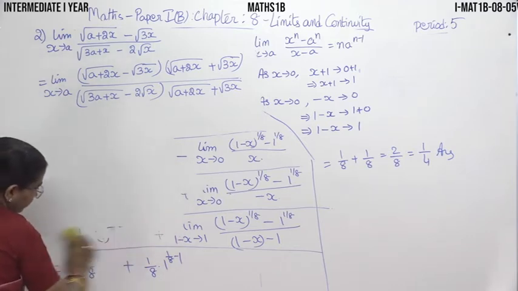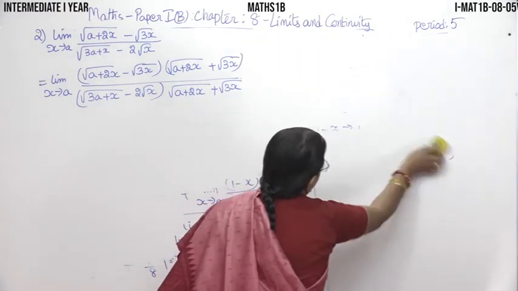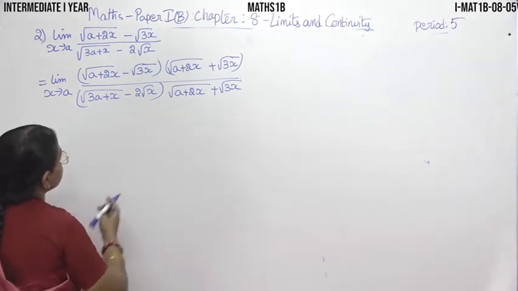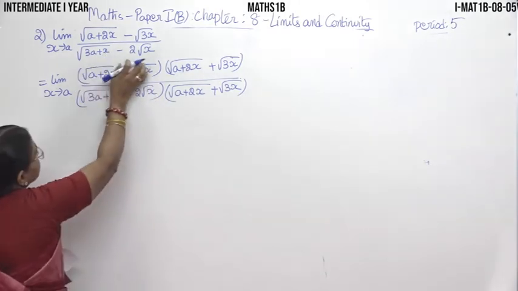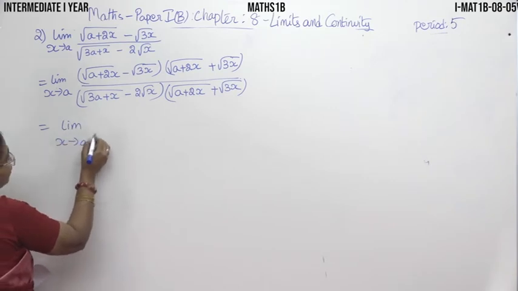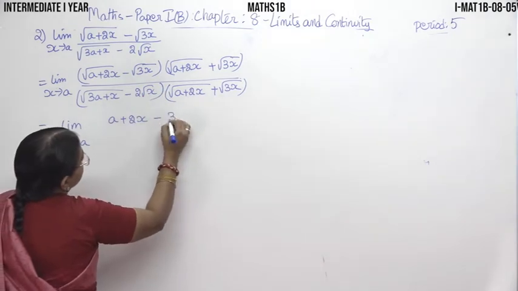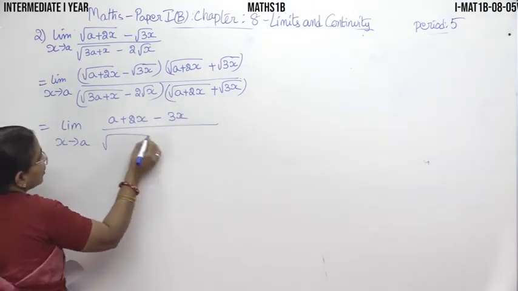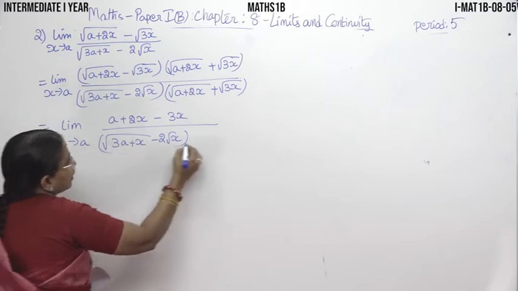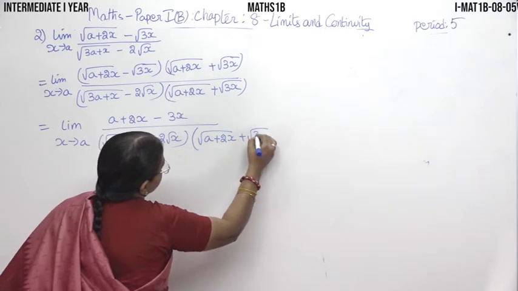Then it is in the form (a plus b) into (a minus b), so a square minus b square. When you square it, the square root will go. So it is a square minus b square. So limit x tending to a of: a square means a plus 2x, minus b square means minus 3x, by root of (3a plus x) minus 2 root x. This will be there as it is: root of (a plus 2x) plus root 3x.